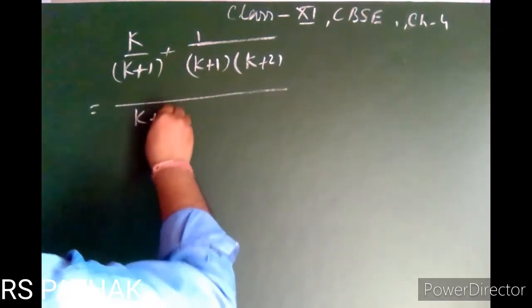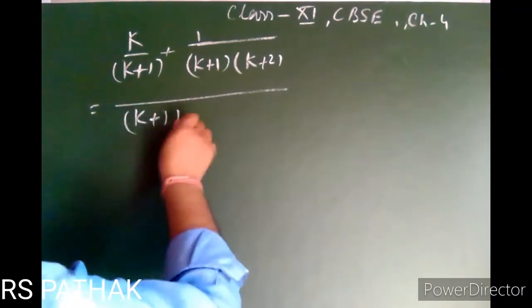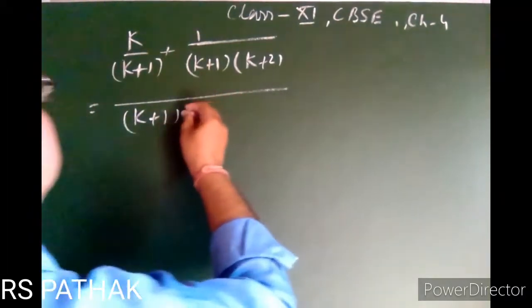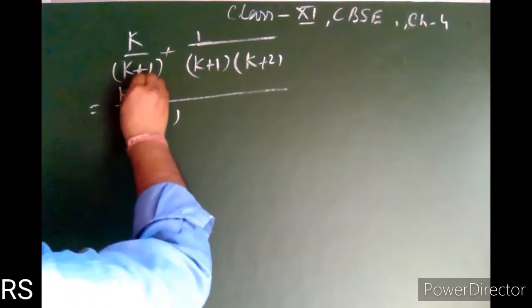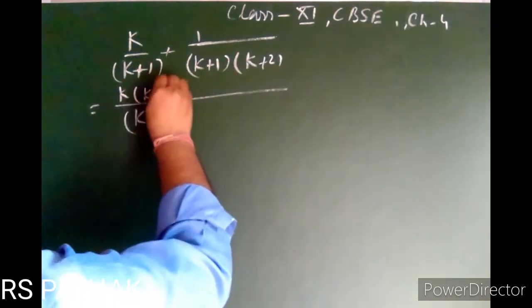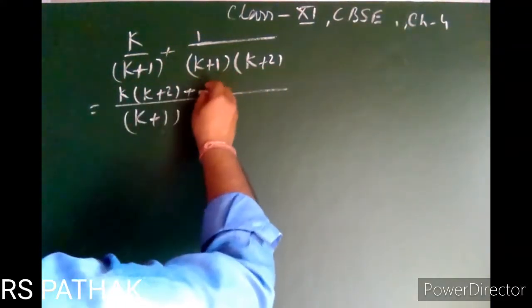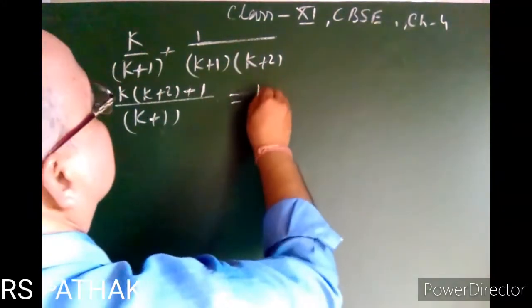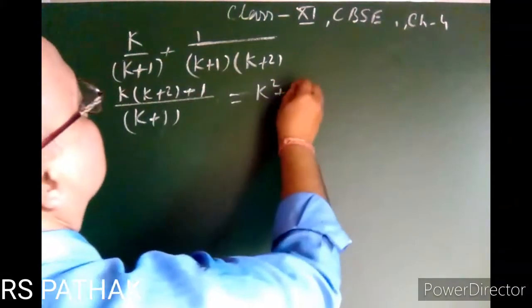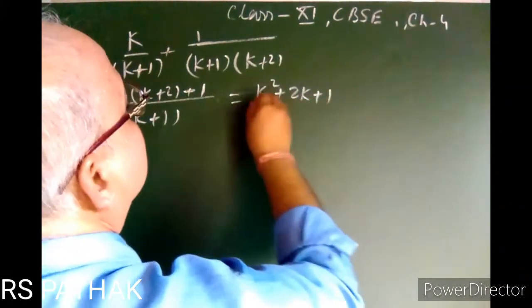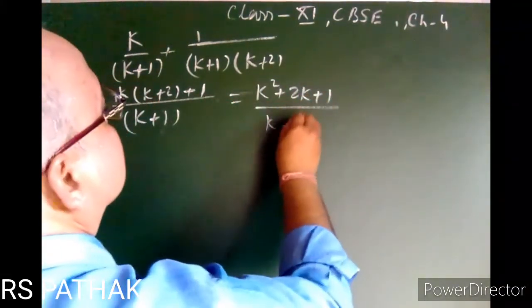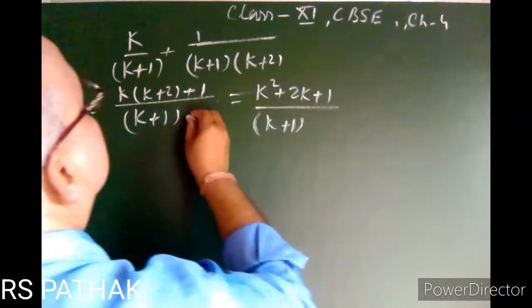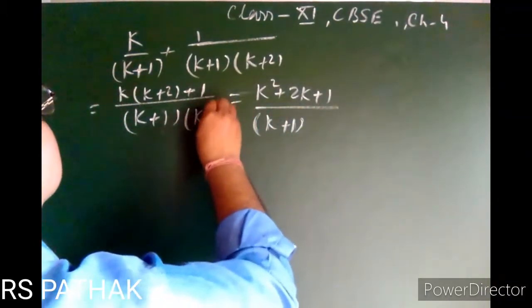k plus 1 is the LCM, then k plus 2, and this one: k square plus 2k plus 1 upon k plus 1 into k plus 2.